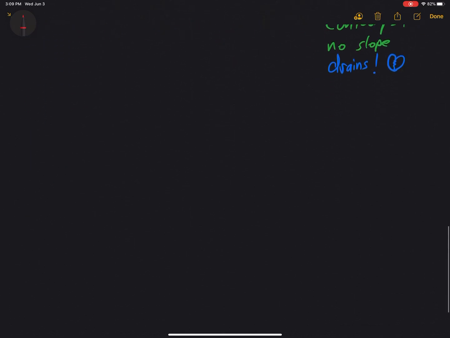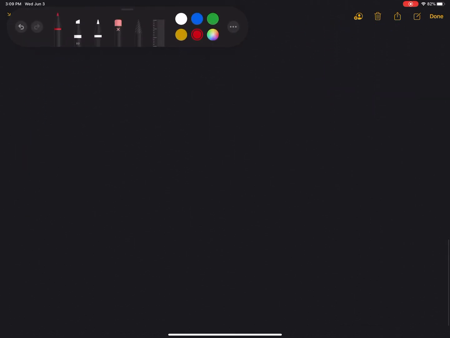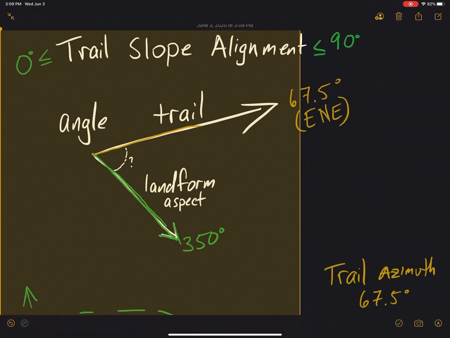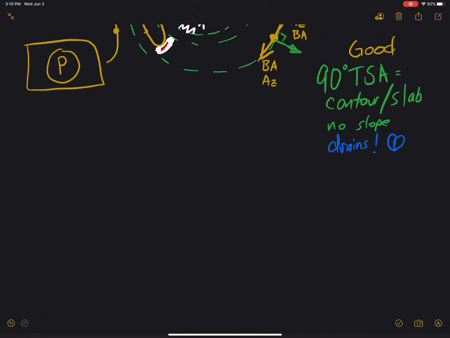Okay? So, here are a couple of good rules of thumb out of the research we've done on what makes for a good trail slope alignment angle. So without getting into all the soil physics of it, we want a couple of things to accomplish here. First, we want our trail slope alignment angle to be as close to 90 as possible, but not spending long periods of time at exactly 90 degrees.